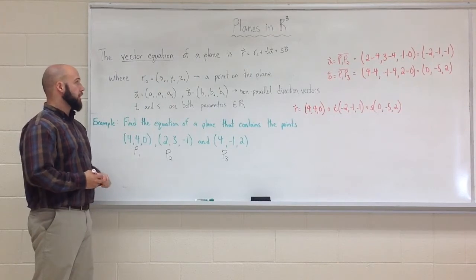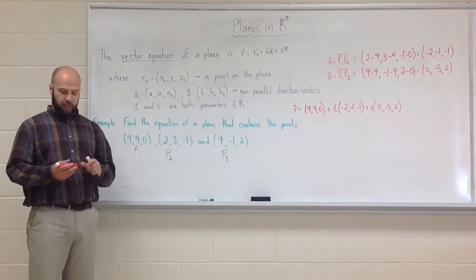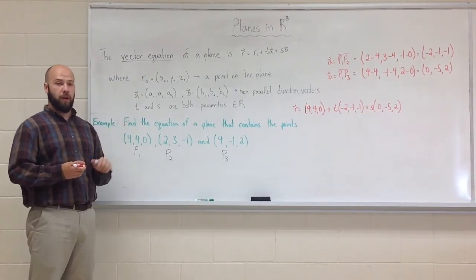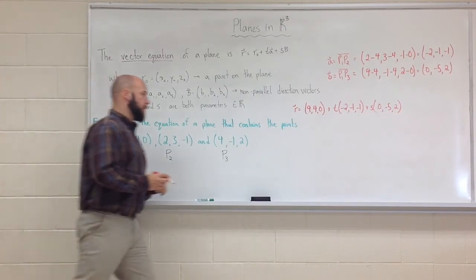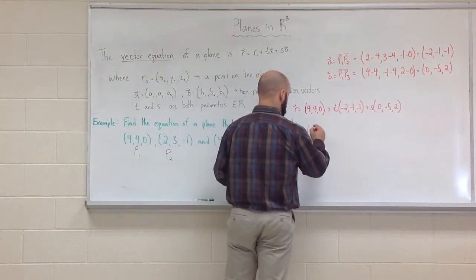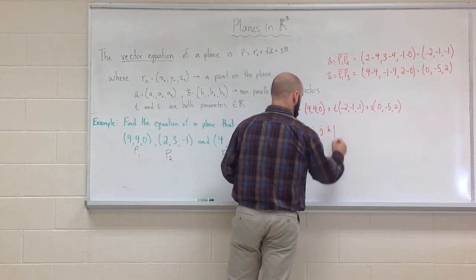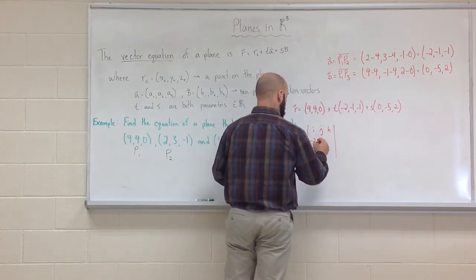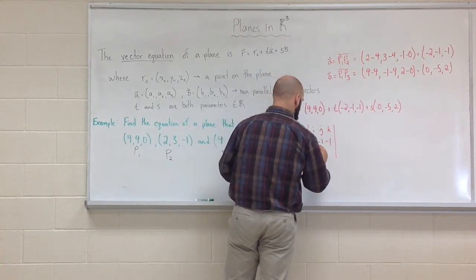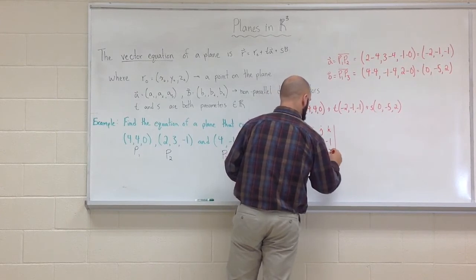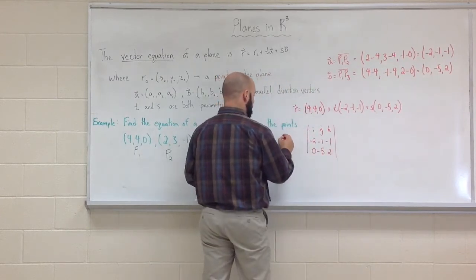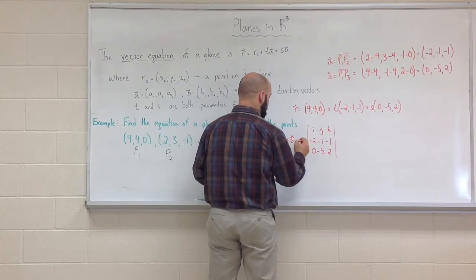So to change this vector equation into the scalar equation, we find the cross product of the 2 direction vectors. This is a cross b.